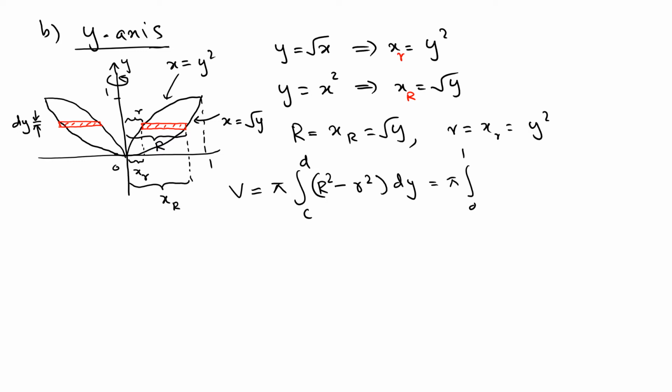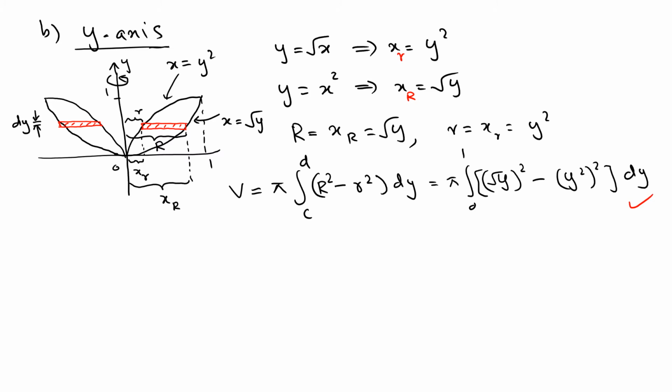Now the radii: the larger radius is square root y, and you square that, minus the small radius y squared, which you also square. That is the setup of the integral.